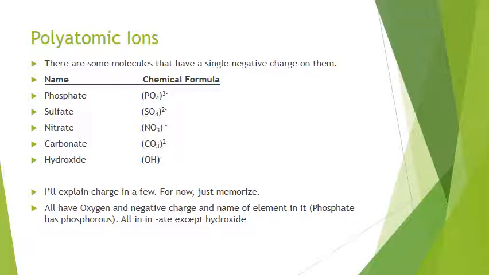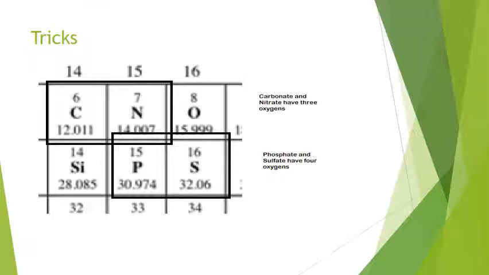Now, is there any way that can help you remember these? All right, so here is maybe a way to help you memorize. This is column 2, this is row 2, and this is row 3 of the periodic table.